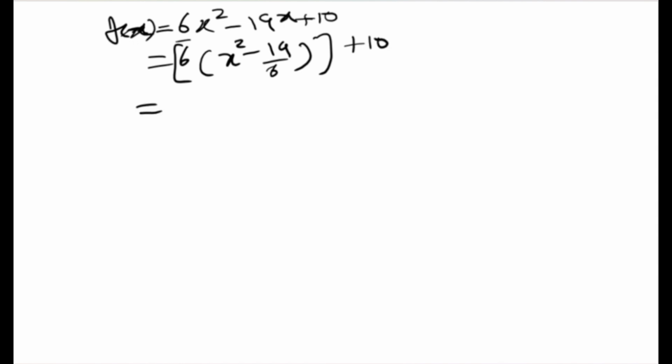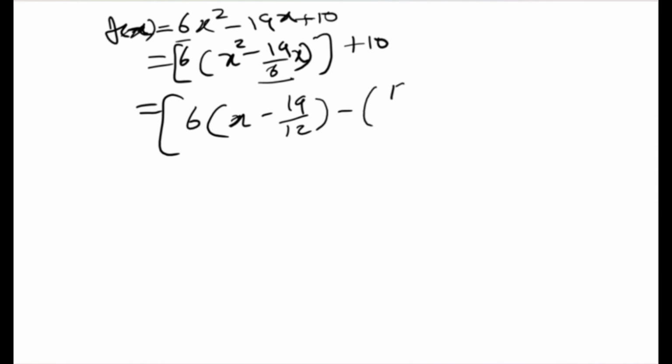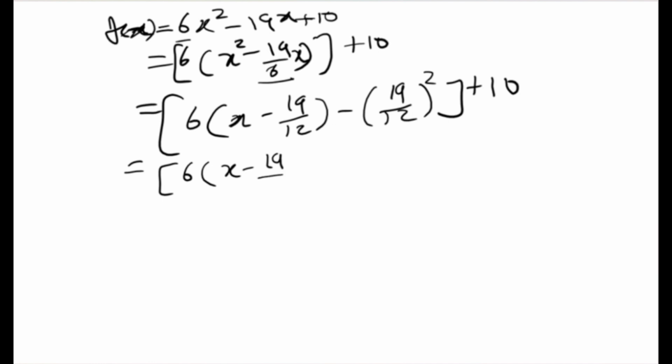Now this is my b, I have to do b divided by 2. So x minus 19 over 12, minus 19 over 12 squared, plus 10. So these are my completing square steps. So 6 into x minus 19 over 12 squared minus 361 over 144, plus 10.